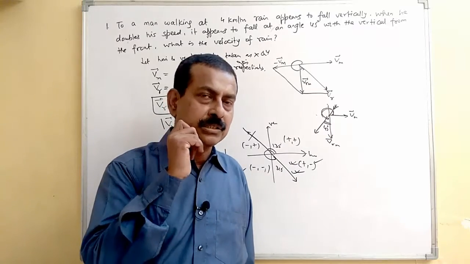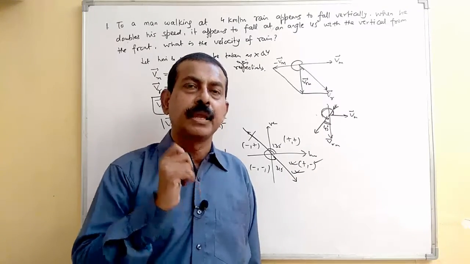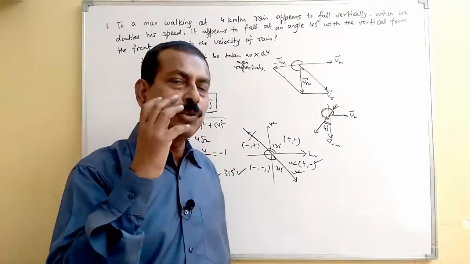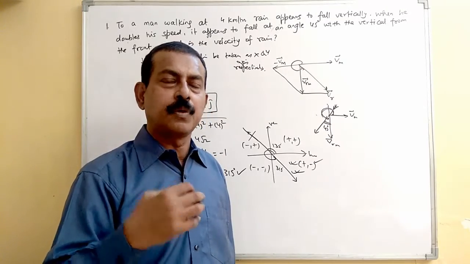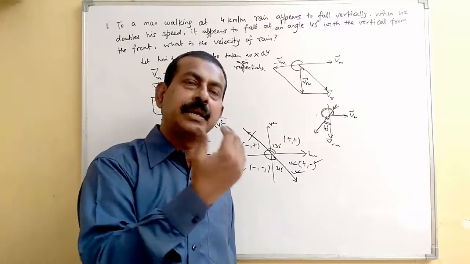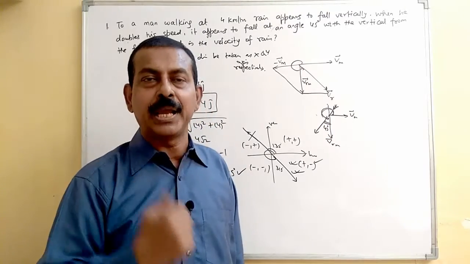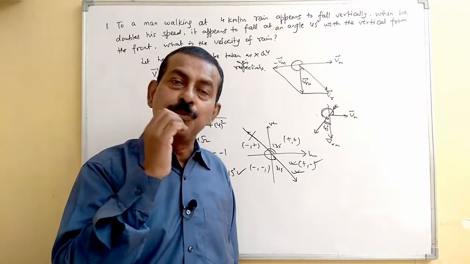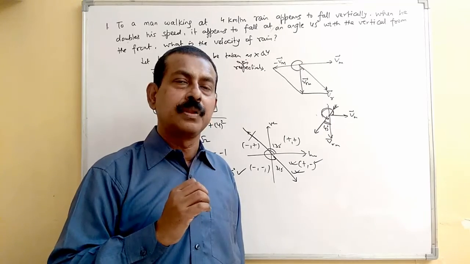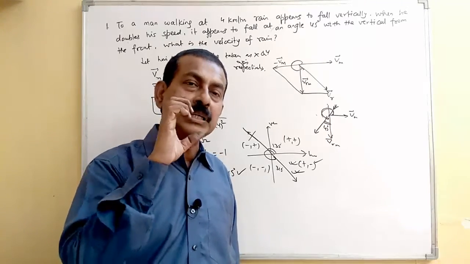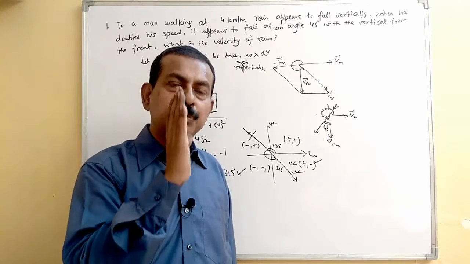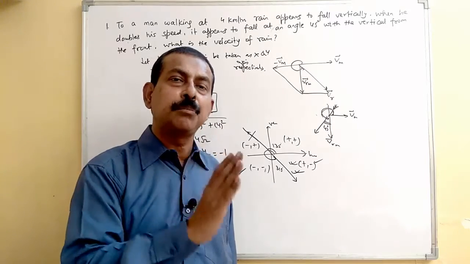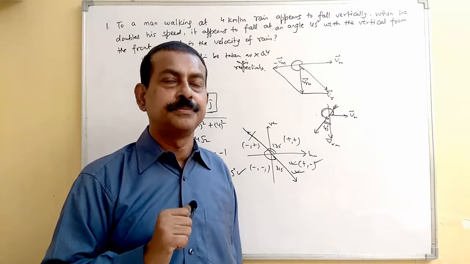Only thing to remember is that here, when you have taken the rain and there is no wind, only the person is moving, then it is the relative velocity of rain with respect to man. But if the wind is also there, in that case, there will be a resultant velocity of rain, which will be the velocity of rain plus velocity of wind.